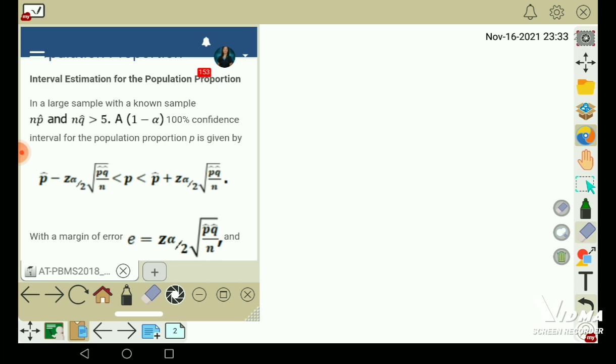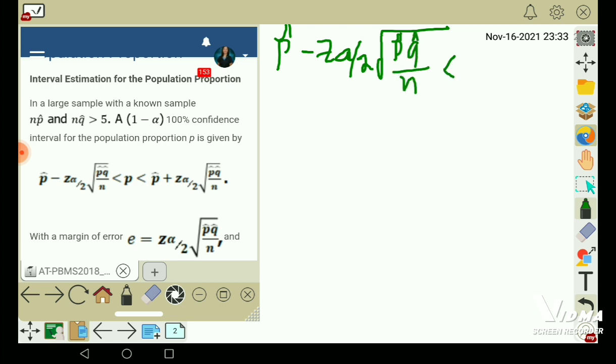As you can see, we have p hat minus the margin of error, which is z times the standard error, the square root of p hat times q hat over n, that is less than p.